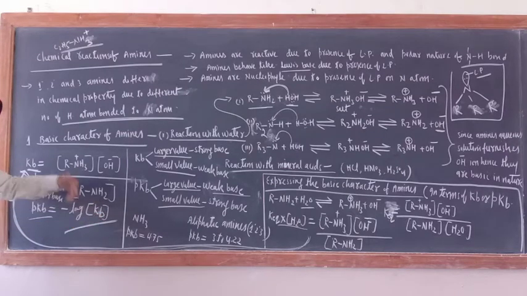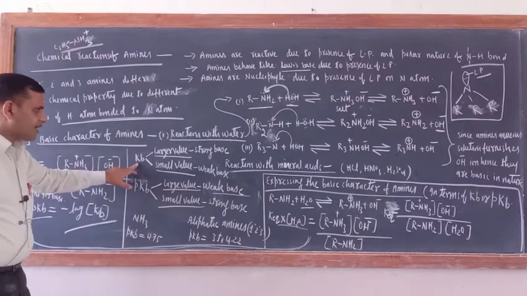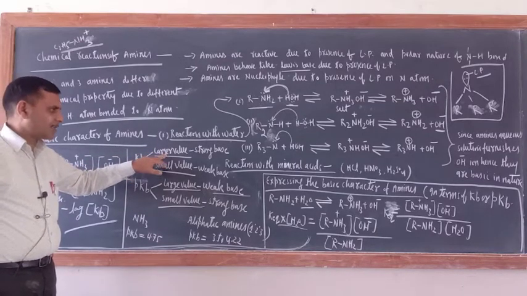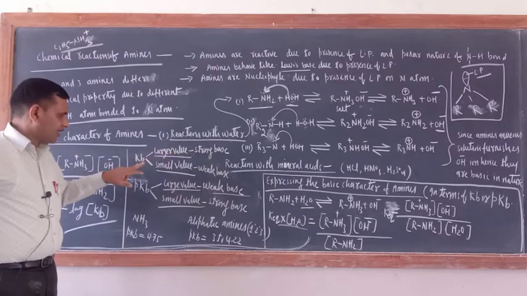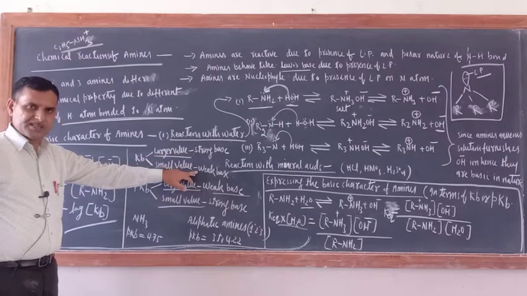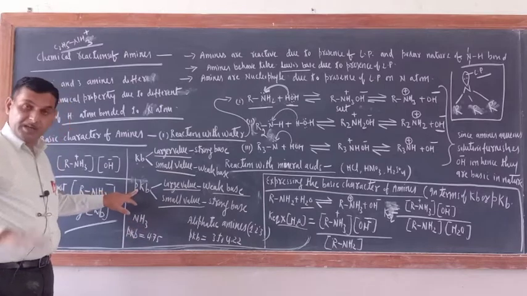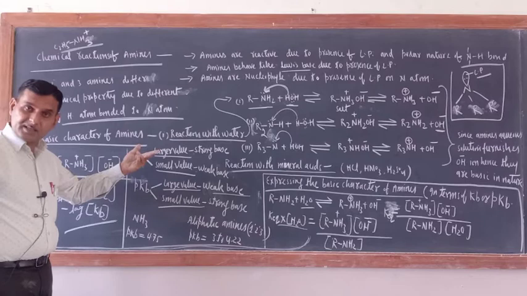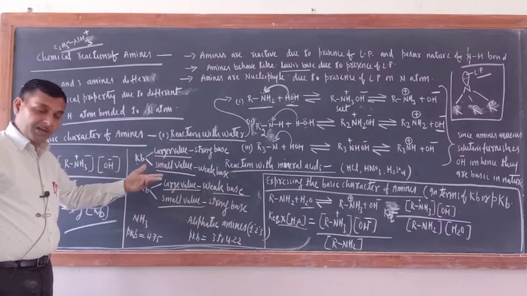If Kb is more, pKb will be less. So if Kb has a large value, the base would be strong; if small, the base will be weak. For pKb it is reverse: the smaller the value, the stronger the base, and the larger the value, the weaker the base.